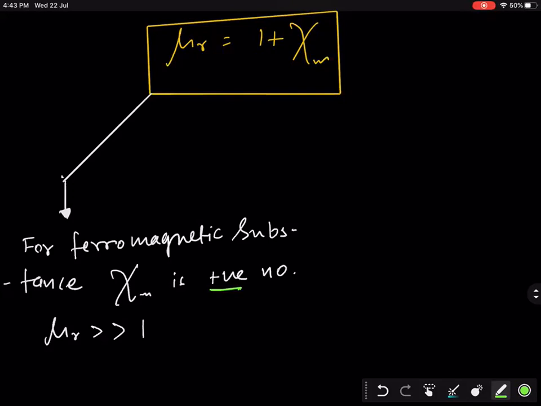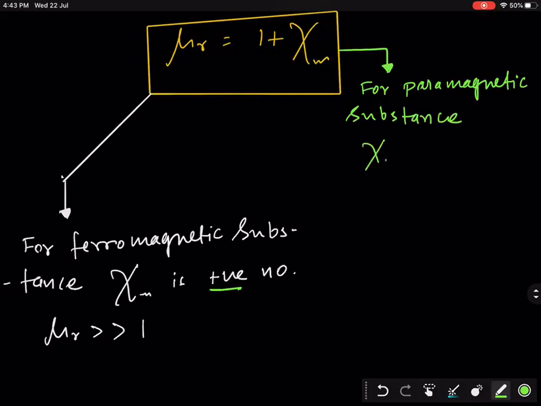Same like ferromagnetic substance, paramagnetic substance also. For a paramagnetic substance, chi is positive, but a small number.